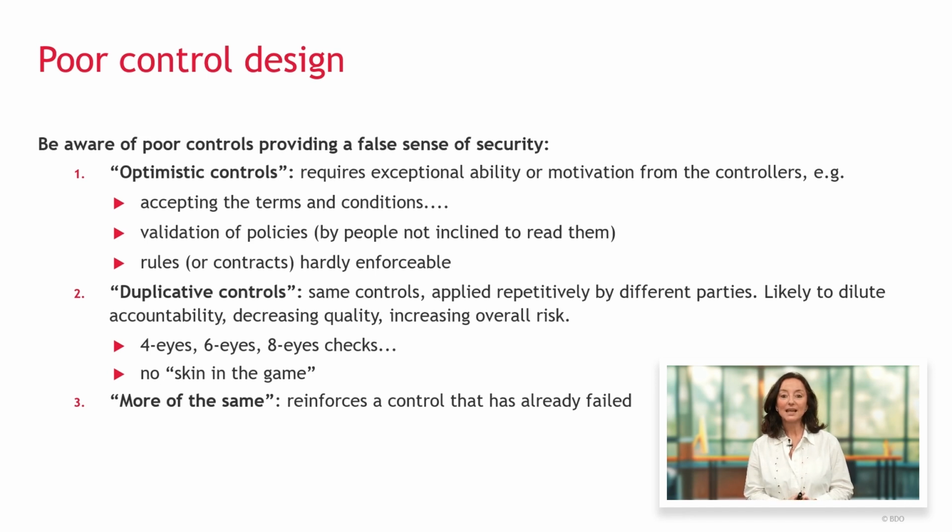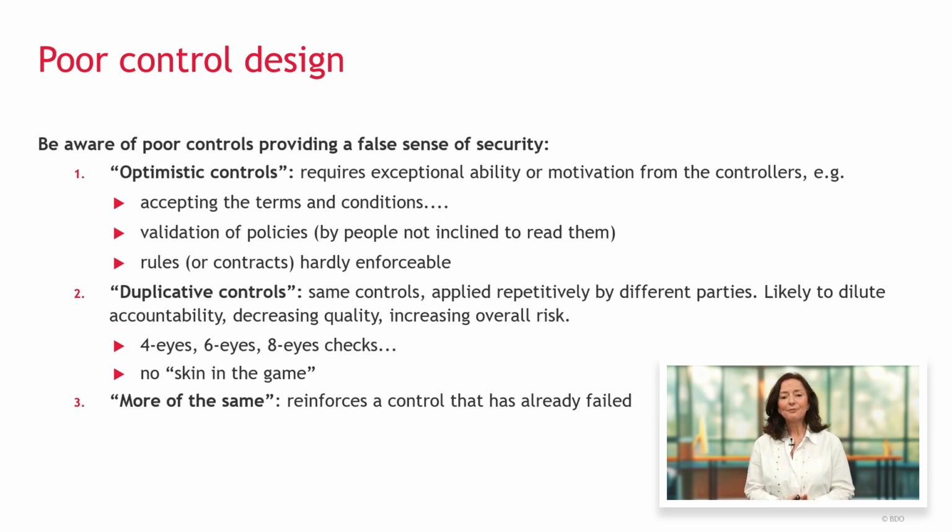The result is that it dilutes accountability, and you might end up in a situation where the risk is actually higher the more controllers you have. And I do have many concrete examples of these in organizations.